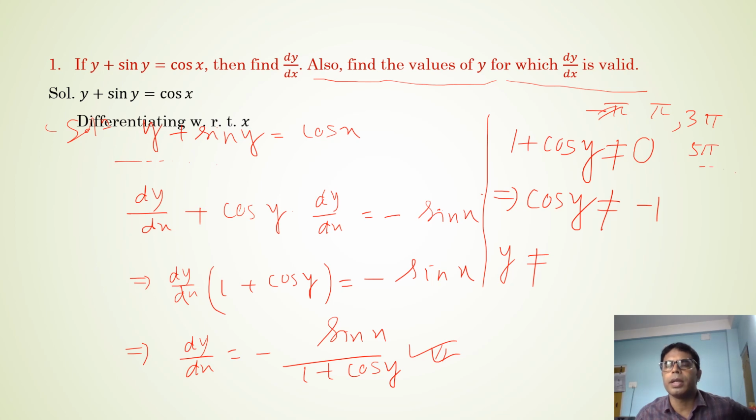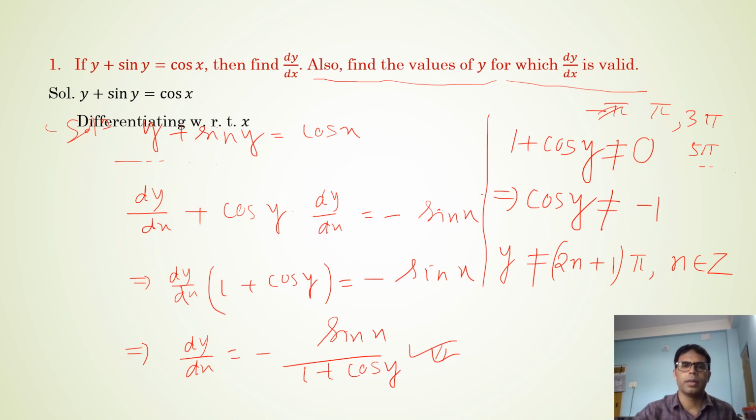That is the odd multiples of pi. So it will be simply y not equal to (2n plus 1) pi, where n is an integer, that is n belongs to Z. This is the completion of the solution.